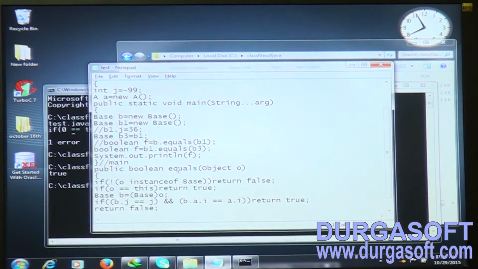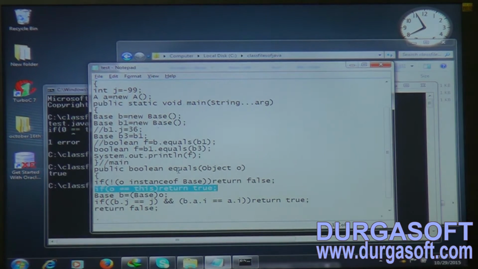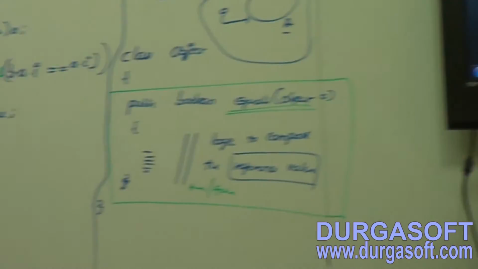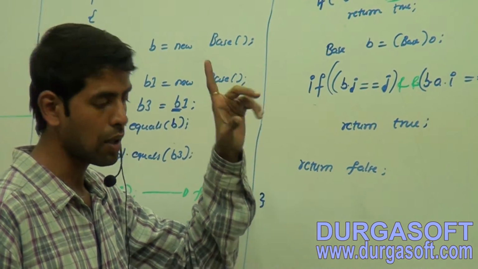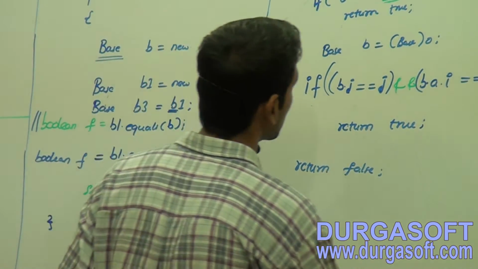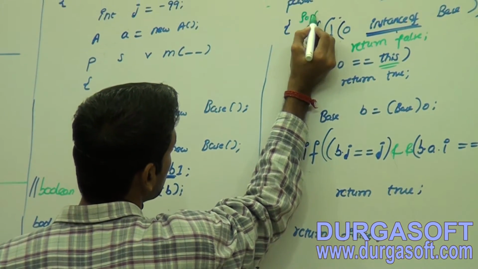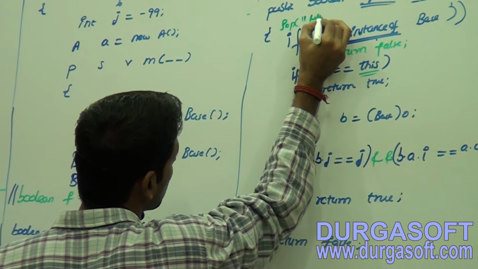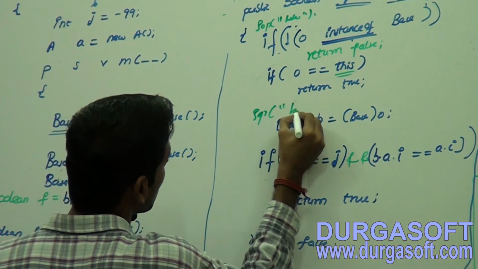Observe here, yes mister, you are saying that control is not reaching this one. How can you prove that? Just add one statement here, SOP hello, and add here SOP hi.